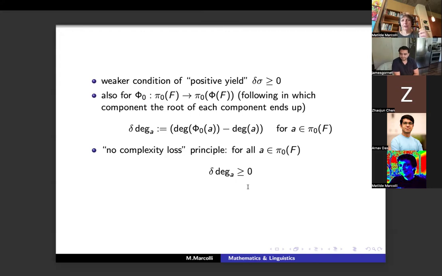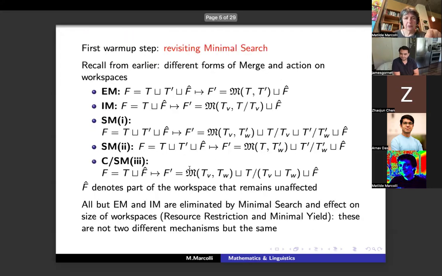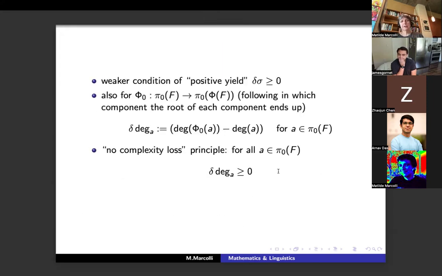If you impose this constraint, well, certainly it's satisfied for internal and external merge, but in all the other cases, you do have things that start out in some larger structure and end up in some smaller structure. And this would violate the idea that you always build towards structures of higher complexity. Okay, so this is another of these structure building constraints.